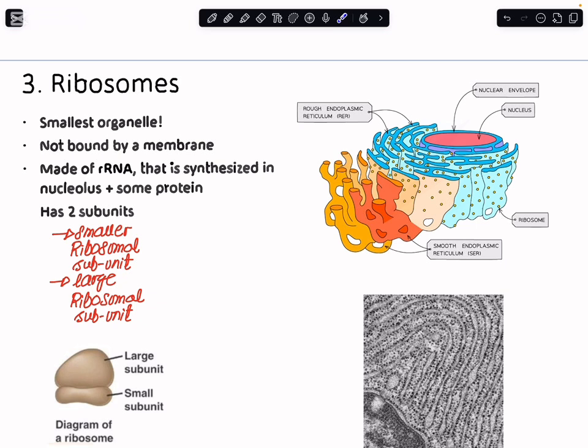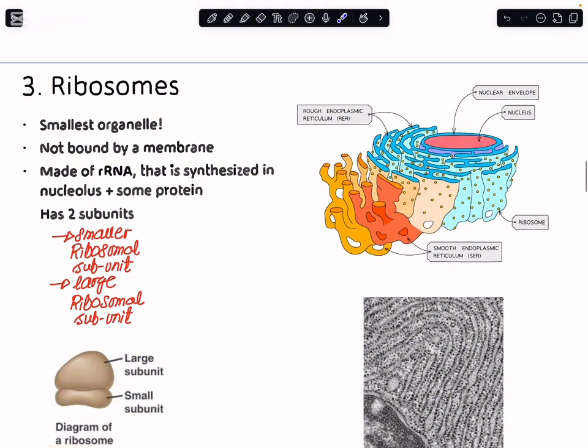As of the previous class, where I said that the nucleus is the largest organelle that we have in the cells, likewise the ribosomes would be the smallest organelle. An important other feature of these ribosomes is that, unlike the nucleus, the mitochondria and the chloroplast, they are not bound by any membrane. So they are non-membrane bound organelles.